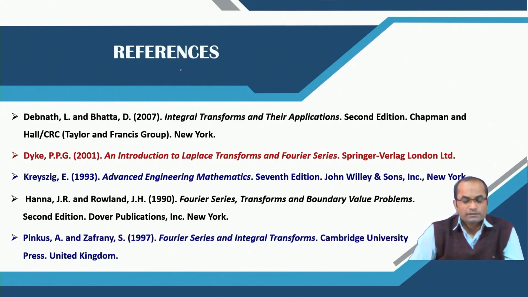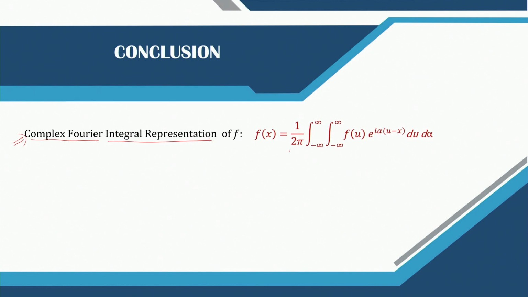These are the references which we have used to prepare this lecture, and just to conclude, today in this lecture we have studied the complex integral representation of f, given in this form with e^(iα(u - x)), and there were other forms as well, for instance with the minus sign in front of the i.